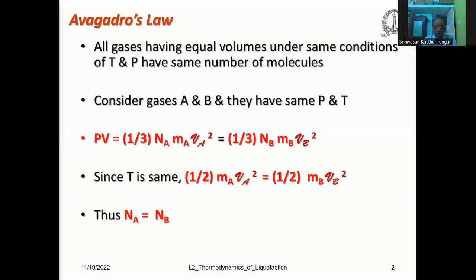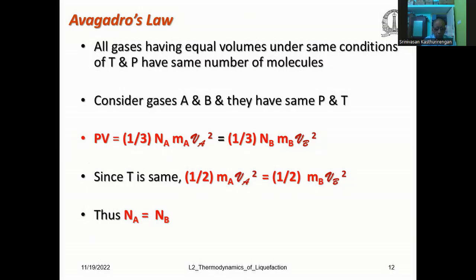Now, Avogadro's law says equal volumes of all gases under the same conditions of temperature and pressure have the same number of molecules. This can be proved by using the above equations. Suppose we have a gas A and a gas B with the same pressure and temperature, which means the product of pressure and volume has to be the same for both.